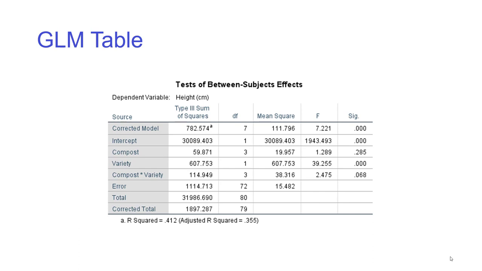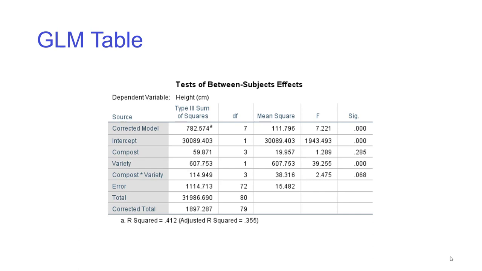The difference between the heights of the two plants in this particular model is dependent on the variety much more than anything in the compost. And compost times variety gives an F value of 2.475 and a sig of 0.068. Now, the issue with this is you've already found out that compost is not making any significant effect.